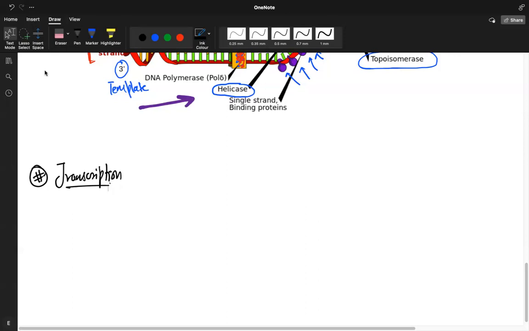Correct? So if they ask you which of the following enzymes is incorrect: DNA-dependent DNA polymerase, DNA-dependent RNA polymerase, RNA-dependent DNA polymerase, and RNA-dependent RNA polymerase, which of the four is not a correct enzyme?